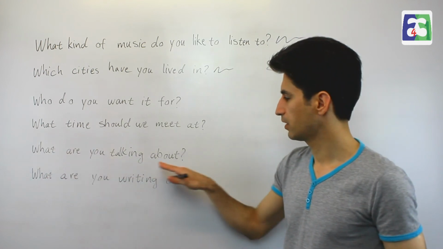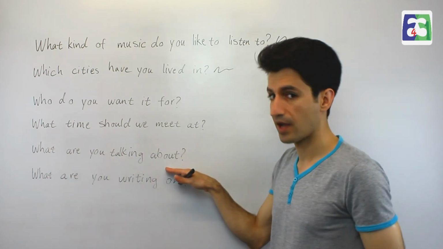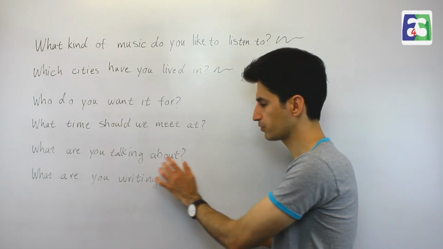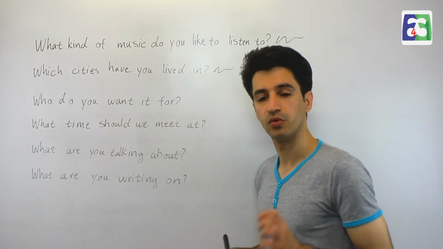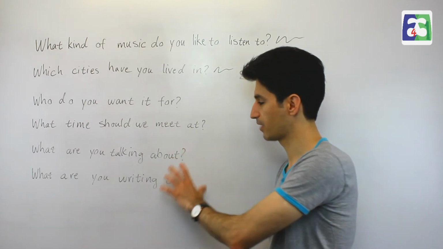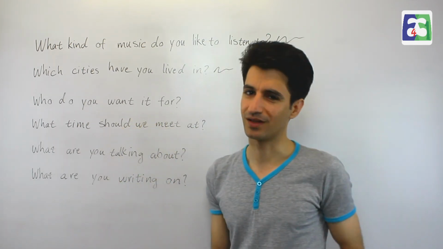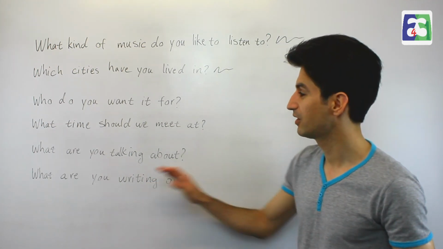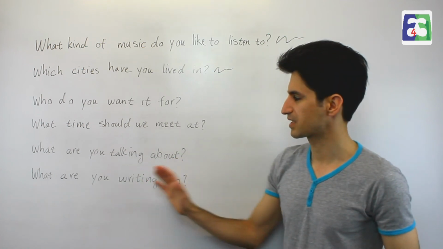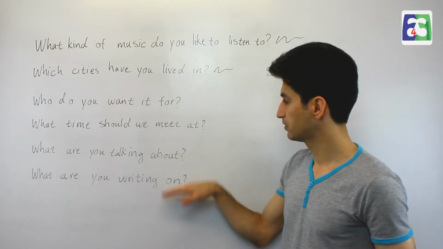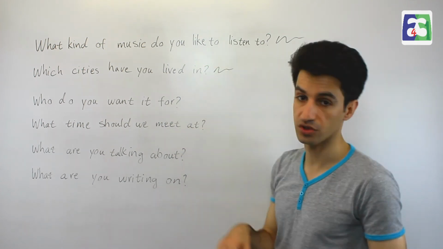What are you talking about? I am talking about something. So about is a part of the answer that I am going to give. So about is needed in the question as well. Where? At the end of the question. So these are when we are asking about the object and the objects that appear after the prepositions.